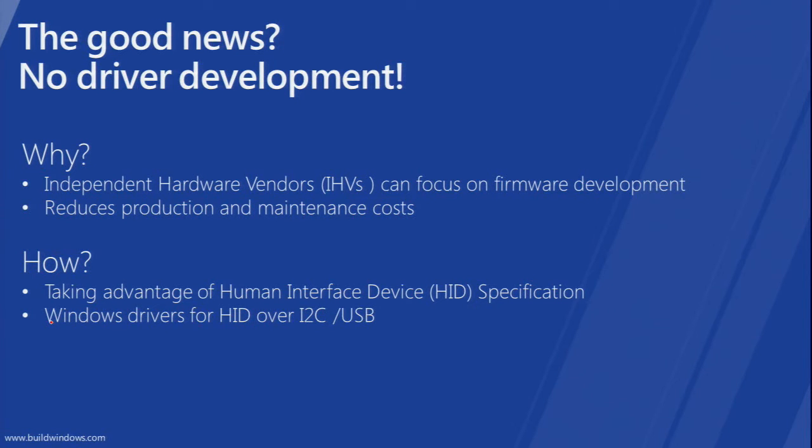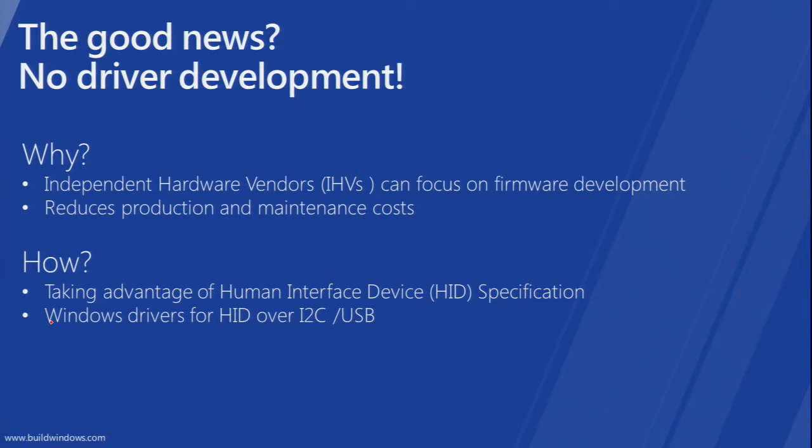Now, how are we going to get this done is a key question here. And what we're going to do is take advantage of the Human Interface Device specification. And what that simply means is we're going to use the power of HID. HID is a very flexible standard, and it makes it possible for us to extract data from firmware and interpret it, even though we don't have full knowledge of what the firmware data looks like.